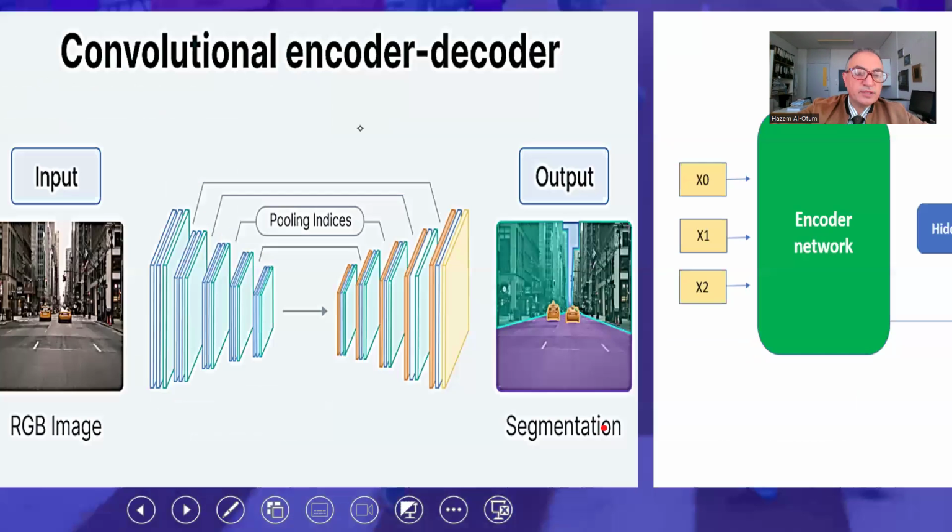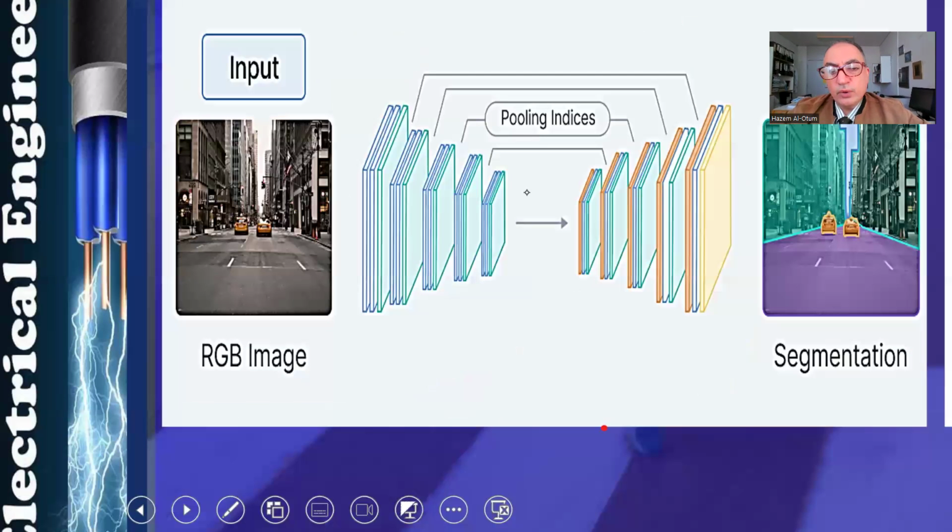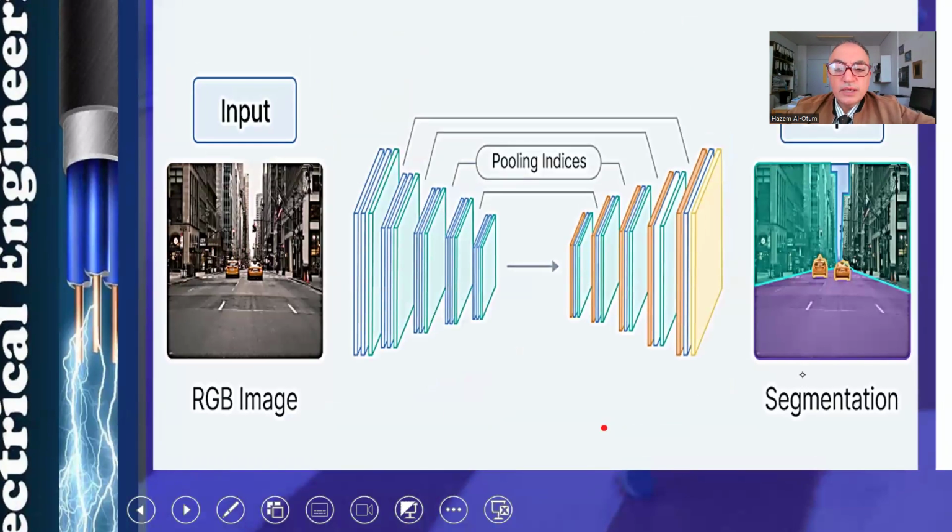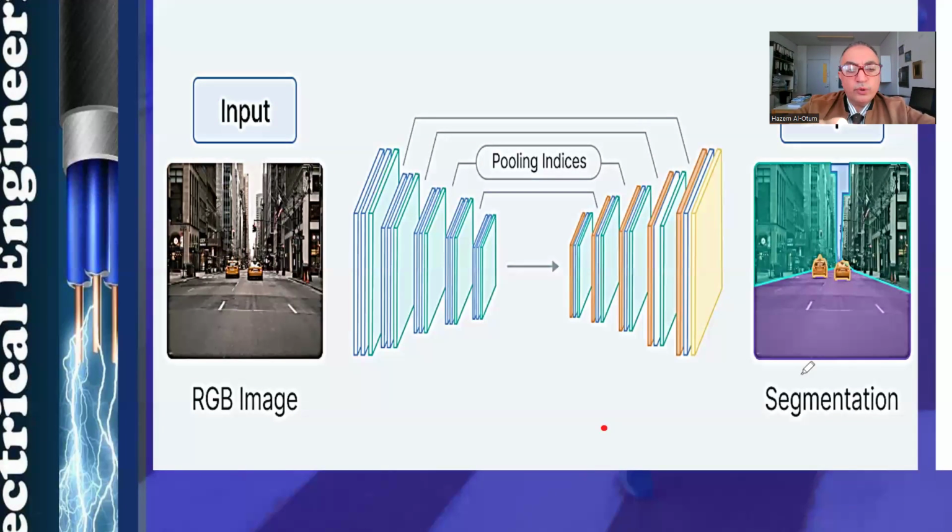Now, if you look at this image, the same thing is done. You can think about encoder-decoder segmentation in the following manner. When you go from the image to the first stage, which is the encoder, we try to compress the spatial information and condense the feature information about this image.